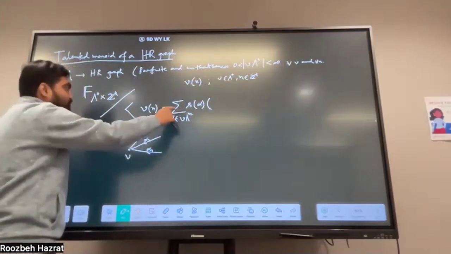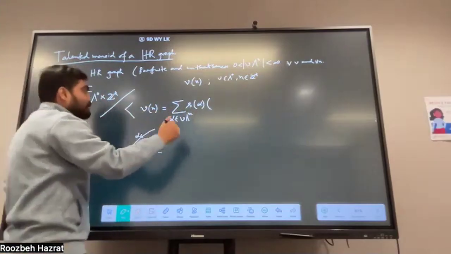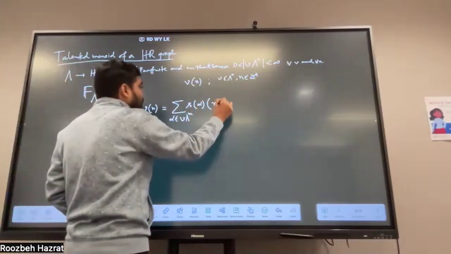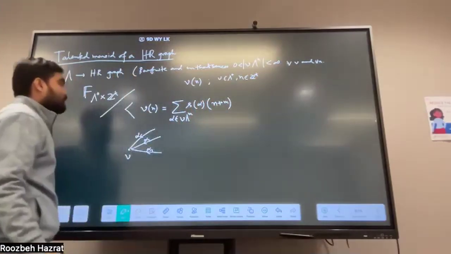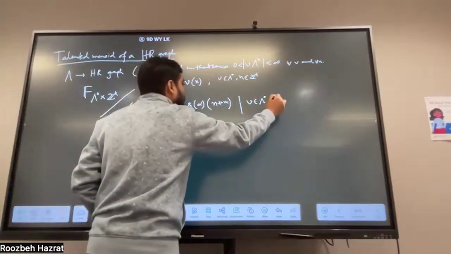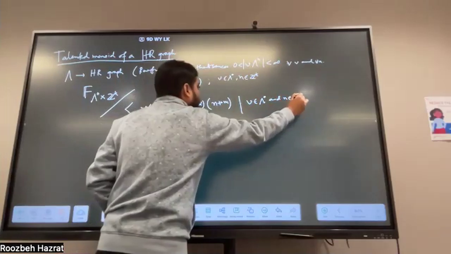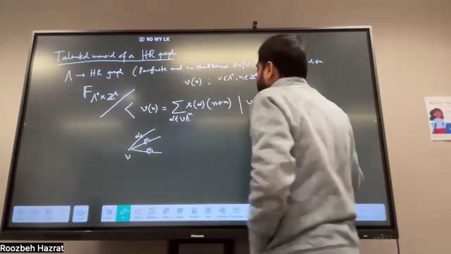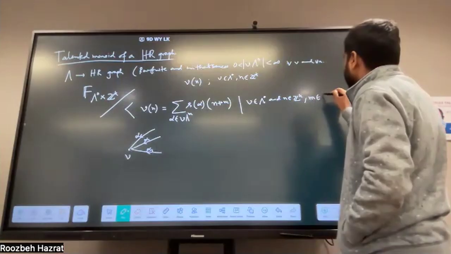This need not be the same n, this may be any m. So then you add this n plus m. Okay. This is the relation for all P in lambda naught and n in Z^k. Also m in N^k.